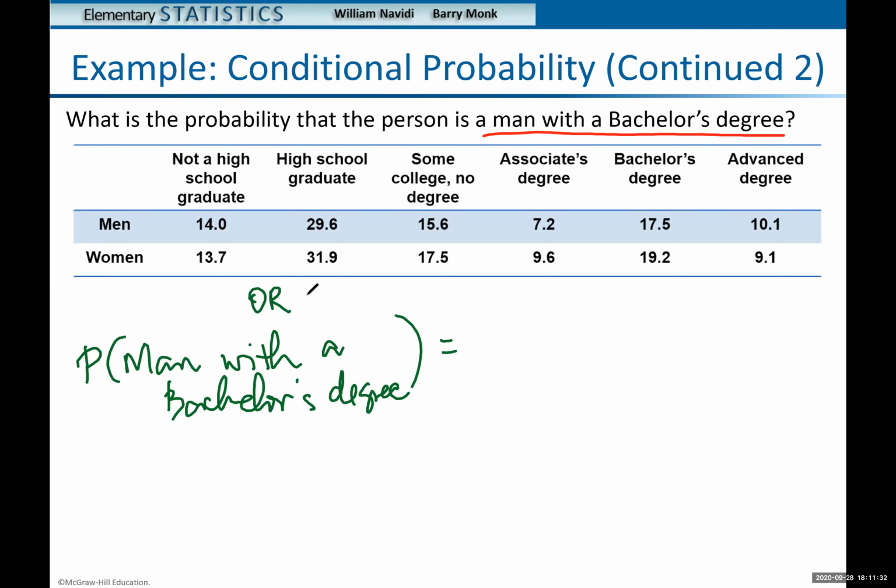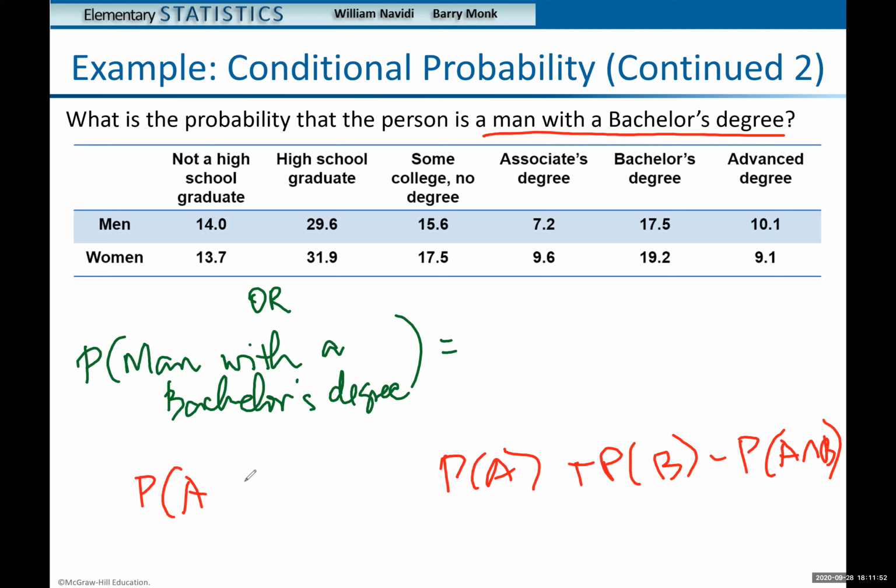To use the probability of an event A plus the probability of event B minus the probability of the intersection of events A and B, this is when it is probability of A or probability of B. But in this example, look at the question: what is the probability that the person is a man with a bachelor's degree? That's why we cannot use this.